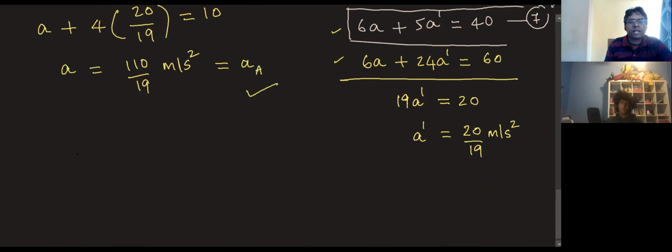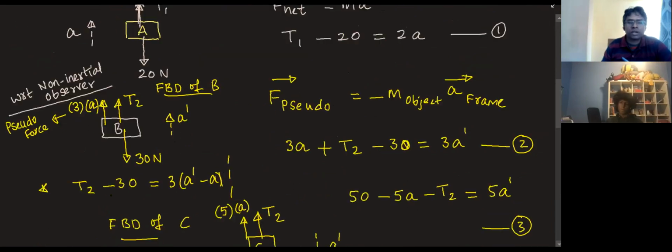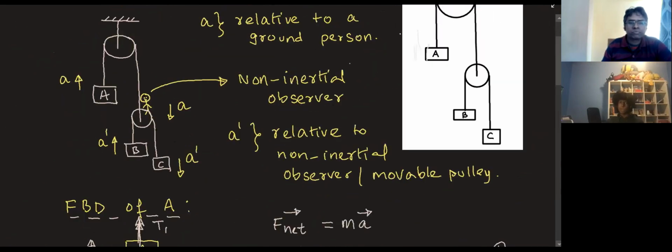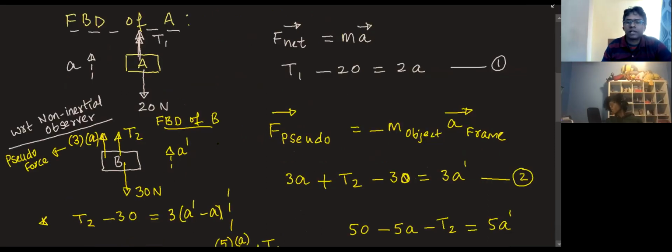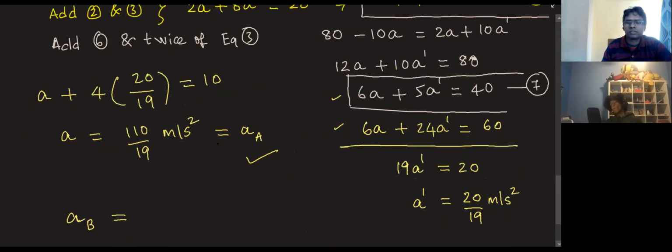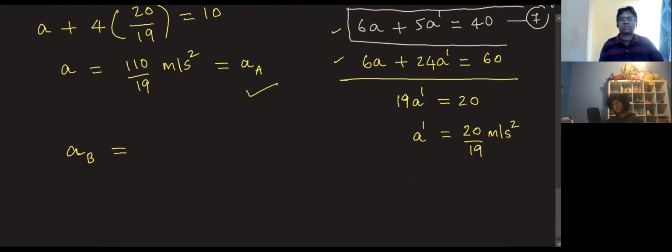Now, if I look at acceleration of B, we said the pulley is going down with acceleration A. Then A and A prime, which is greater? A is greater, right?